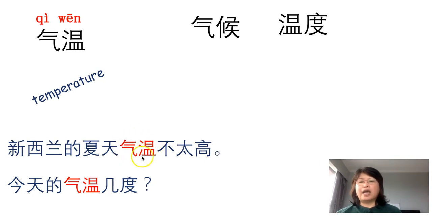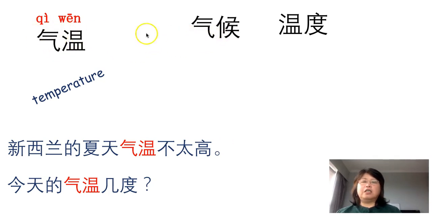So that's the temperature in New Zealand summer, 不太高 is not really high. When we talk about how many degrees or what the temperature is, we can ask this way. 今天的气温几度? What is the temperature for today?